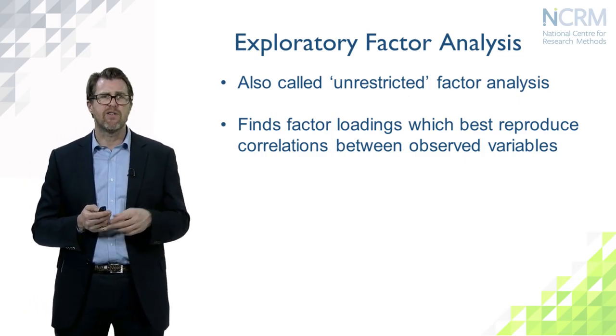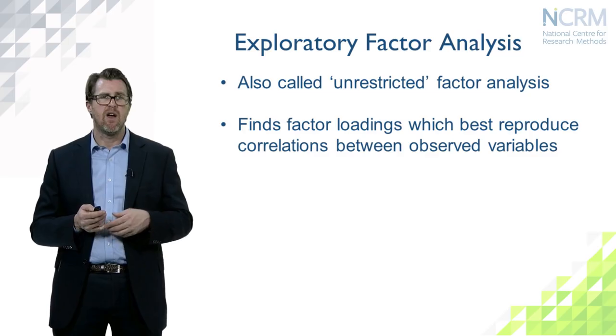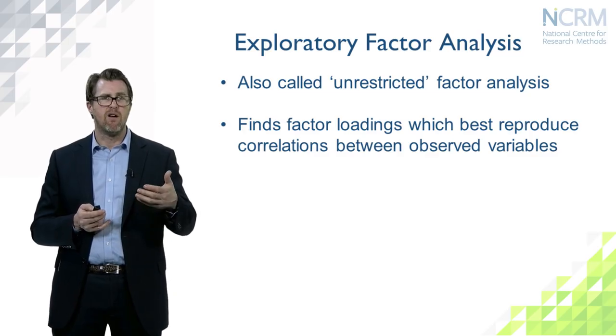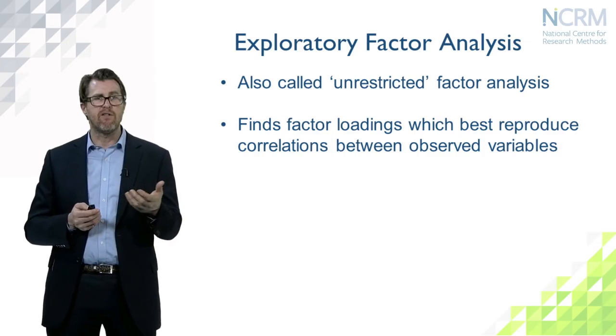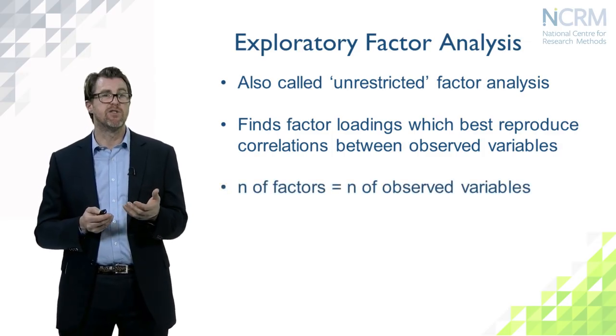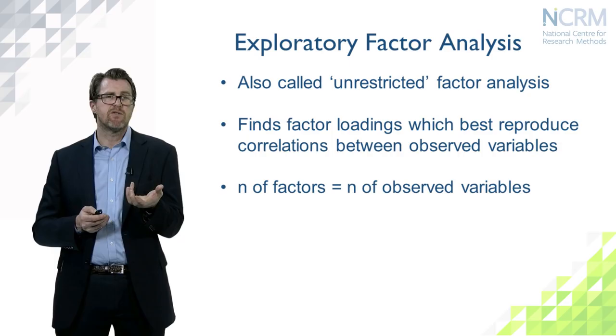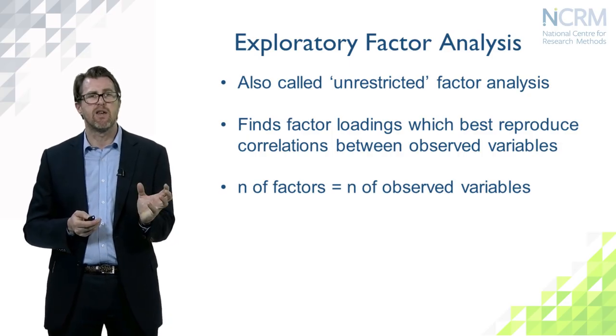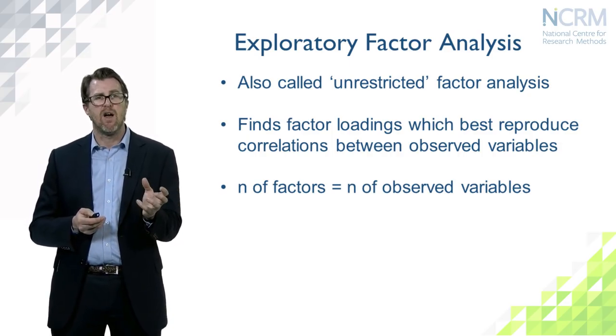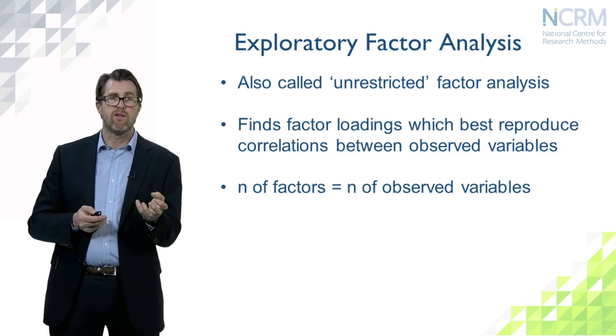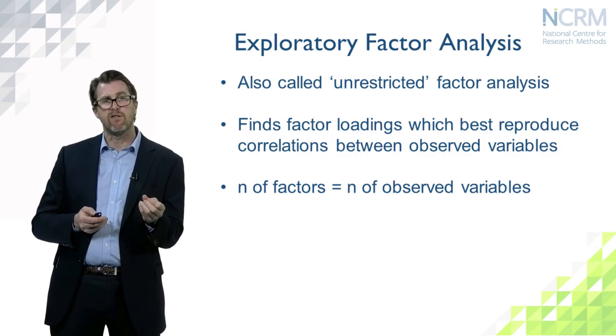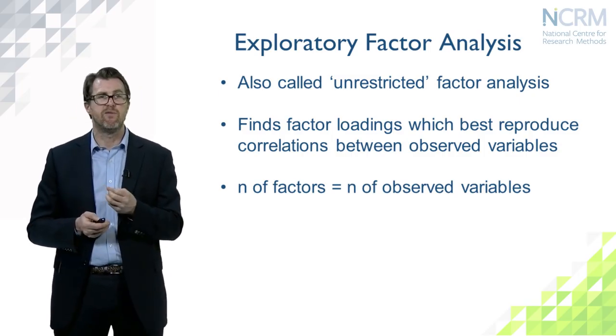Now, it does this in a way of producing a number of factors which are, in EFA, equal to the number of observed variables that we have. So this is really just a reordering of the observed data. We end up with the same number of factors as we have observed variables.